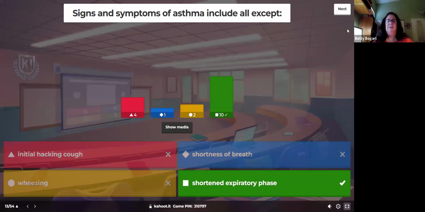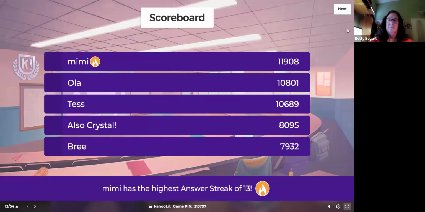Yes, wheezing, absolutely, but it's an expiratory wheeze, shortness of breath, and they're going to have a prolonged expiratory phase. It's so hard to get the air out. They have to make an effort to get whatever they can out. So it's a prolonged expiratory phase.